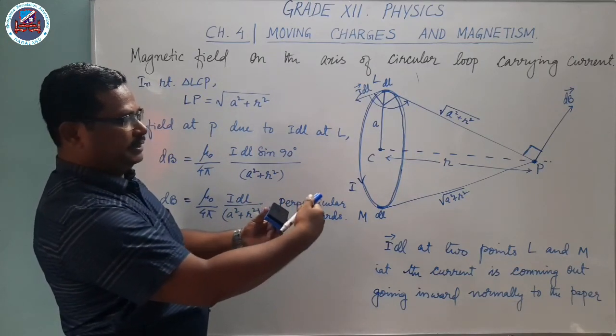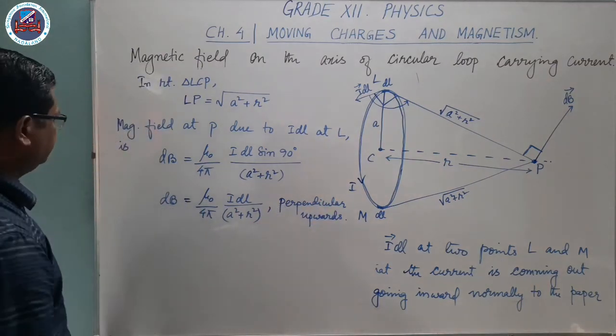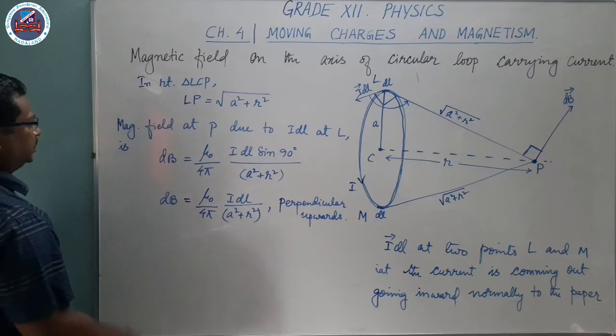Here the angle will be exactly 90 degree between them. The magnitude will remain the same, the direction will change.